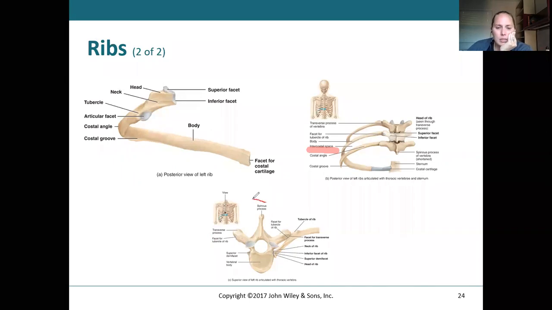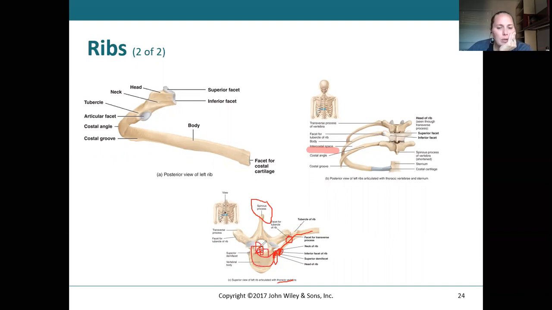Okay, so here you can see the spinous process of the thoracic vertebra, and then the tubercle of the rib is going to come down, and you have this interaction here, the facet of the transverse process, and then you also have the superior demifacet and the head of the rib interacting right at this point, kind of an extension of the vertebral body.